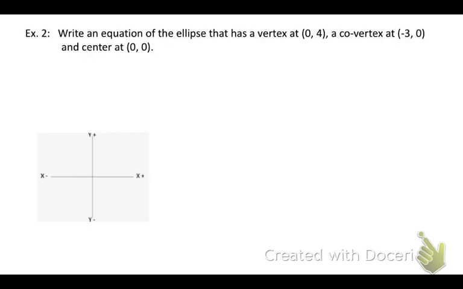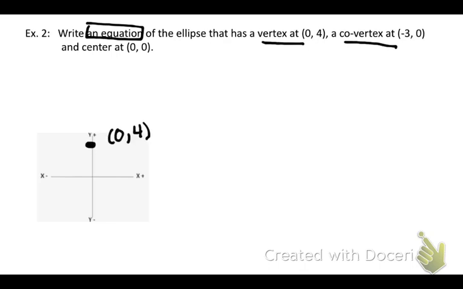In example 2, we're asked to work backwards. We're given the vertex and the co-vertex, but we're asked to write the equation. I can plot my vertex. I have 0, 4.